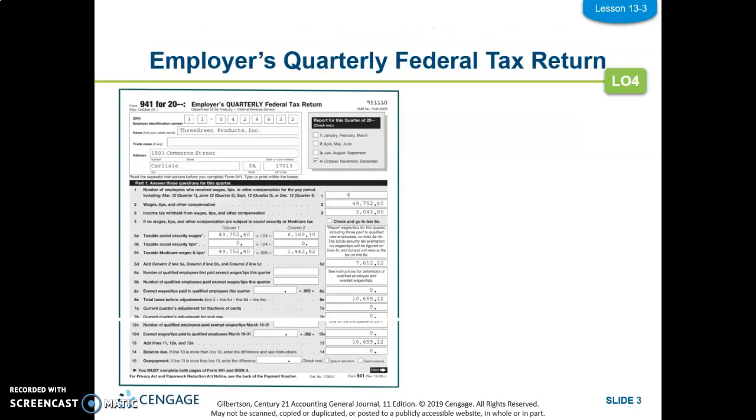Then the employer's quarterly tax return is called a Form 941. It's the employer's quarterly federal tax return, and there's a few things to know about it. It's on pages 388 and 389.